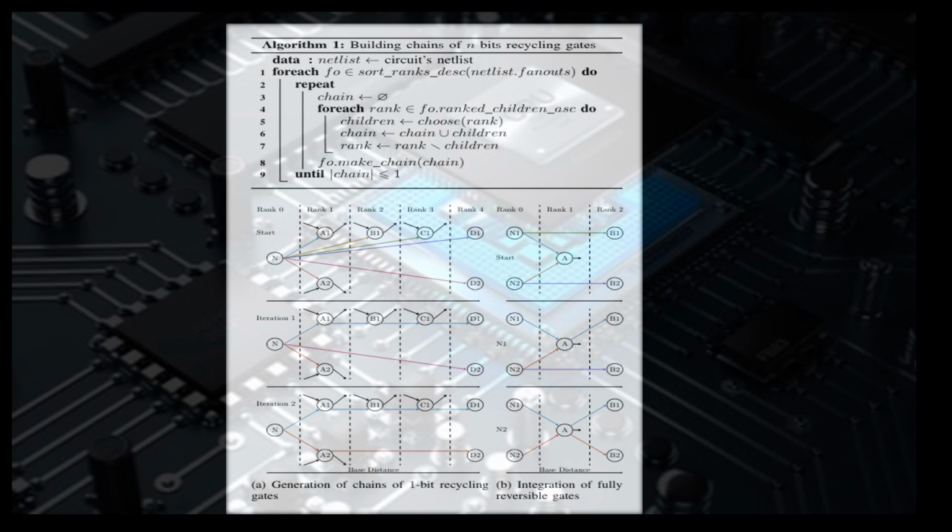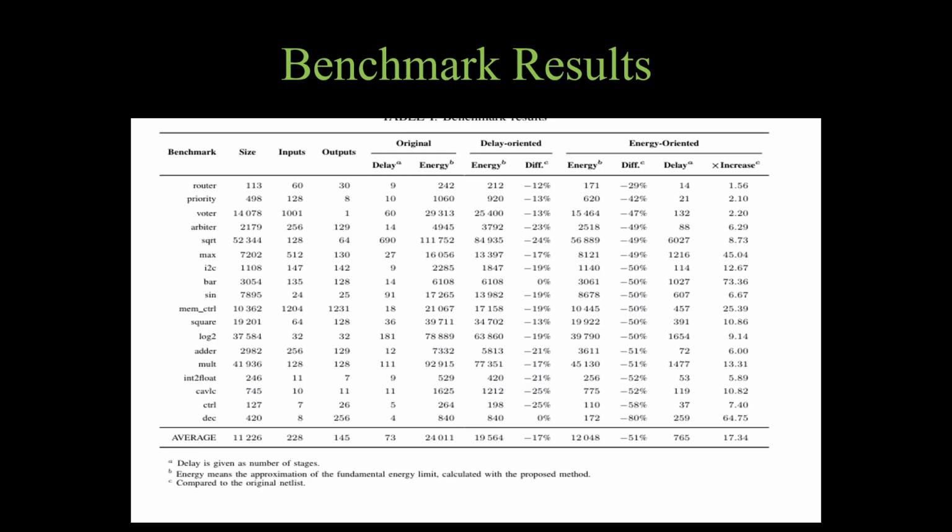This diagram beneath the algorithm steps visualizes the changes in the circuit structure over iterations, demonstrating how the algorithm optimizes the circuit by rearranging or altering connections between the gates to achieve the desired n-bit recycling circuits.